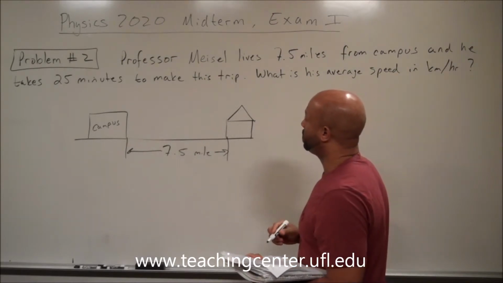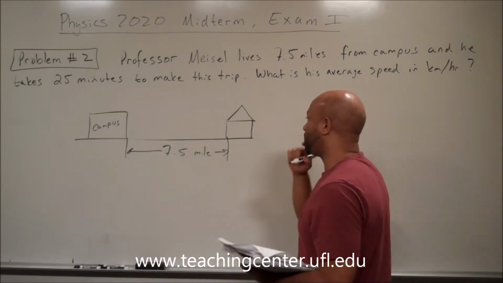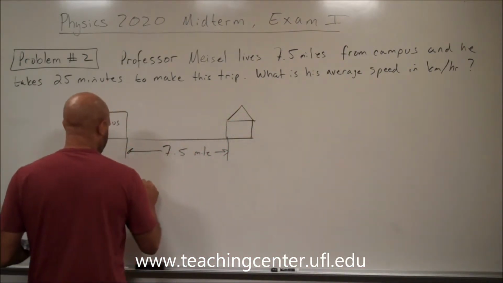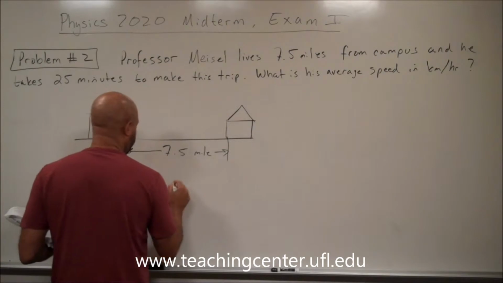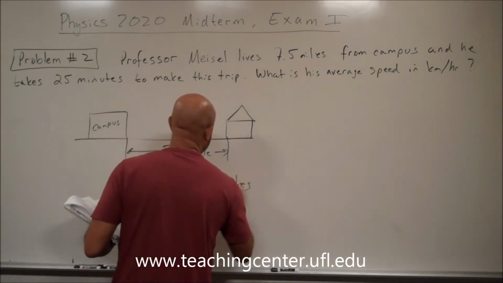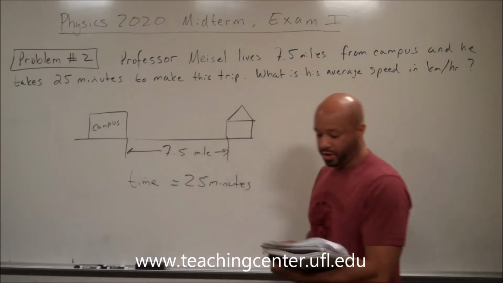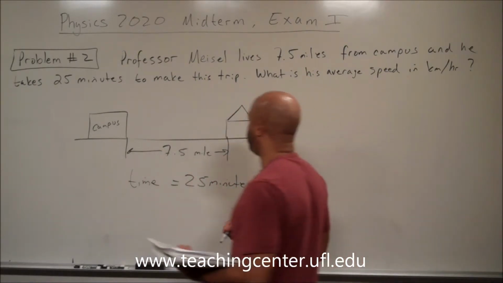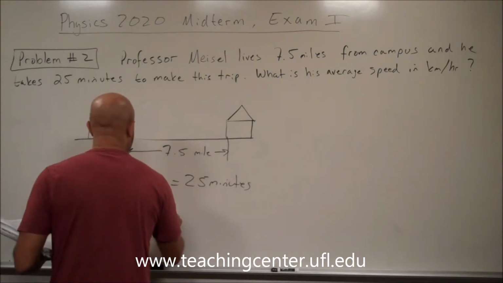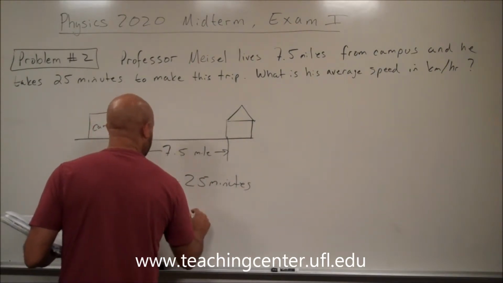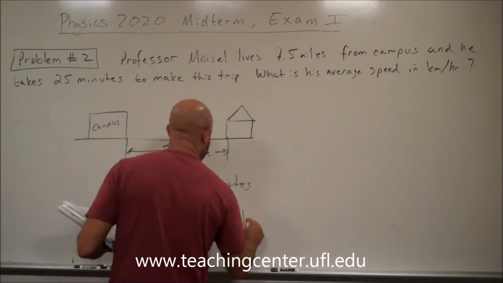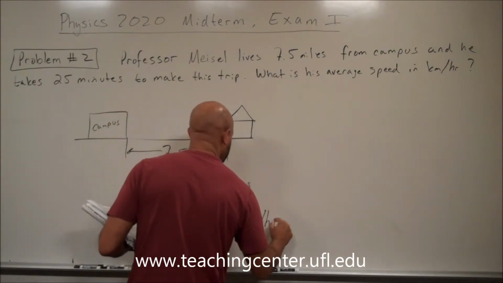And it says that Professor Mizell takes 25 minutes. So the time it takes to get to campus is equal to 25 minutes. All right? And we want to determine the average speed. So we want to know the average speed, and we want to find that in kilometers per hour.